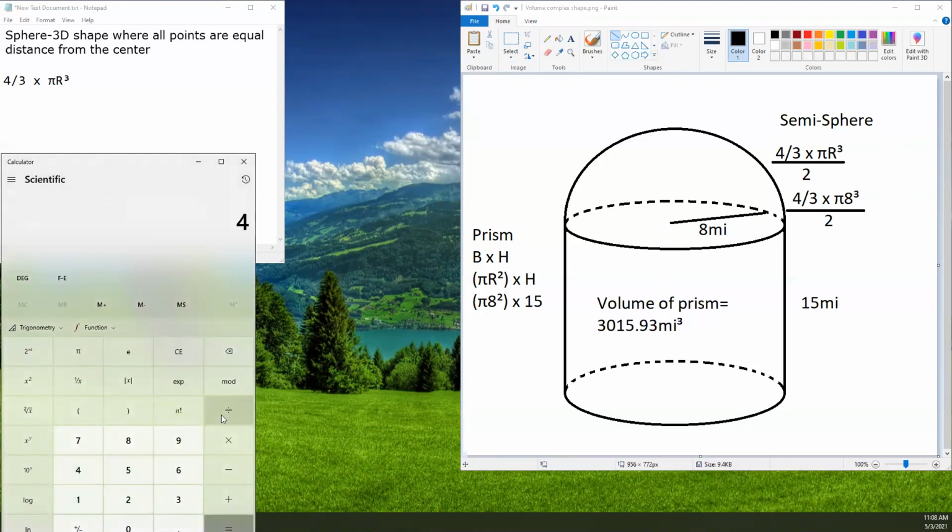So let's do 4 divided by 3 times pi times 8 cubed equals. So that would be the volume of a sphere with a radius of 8. But now we need to divide that by 2 at the very end because this is only half of that.